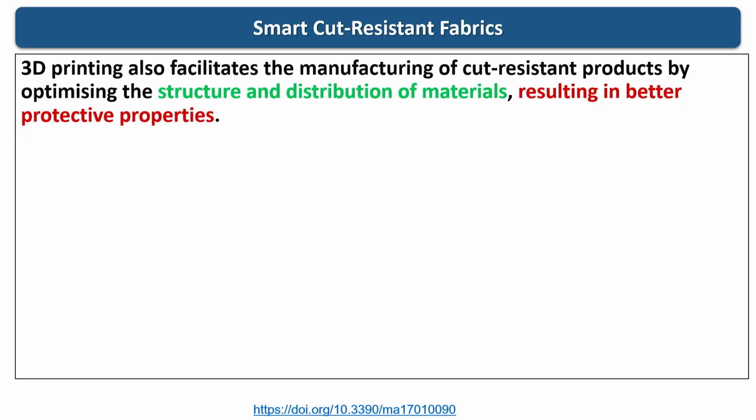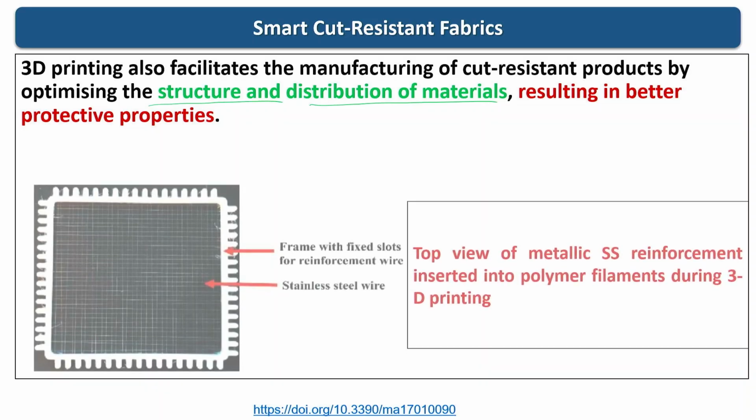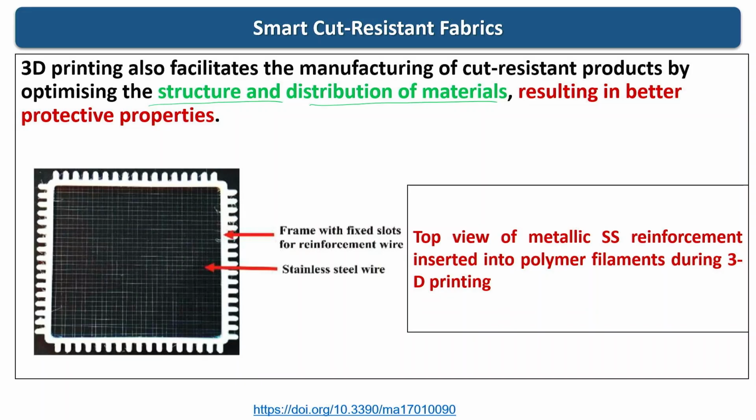The 3D printing also facilitates the manufacturing of cut resistant product by optimizing the structure and distribution of the material, resulting in better protective properties. Now, here we can see there is a frame with a fixed slot for reinforcement wear and stainless steel wear.